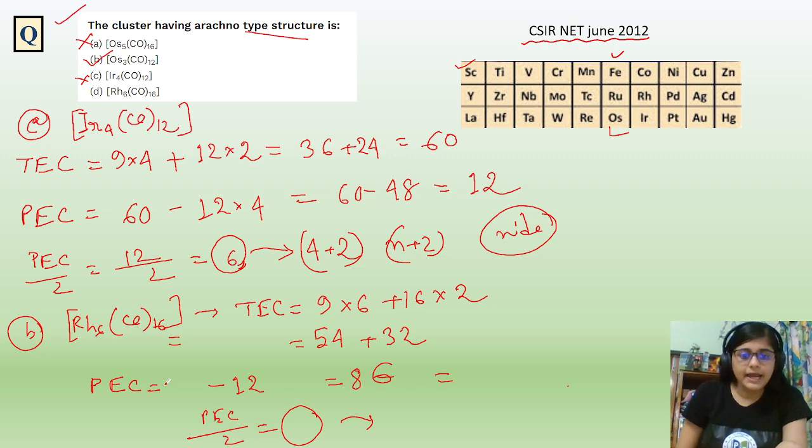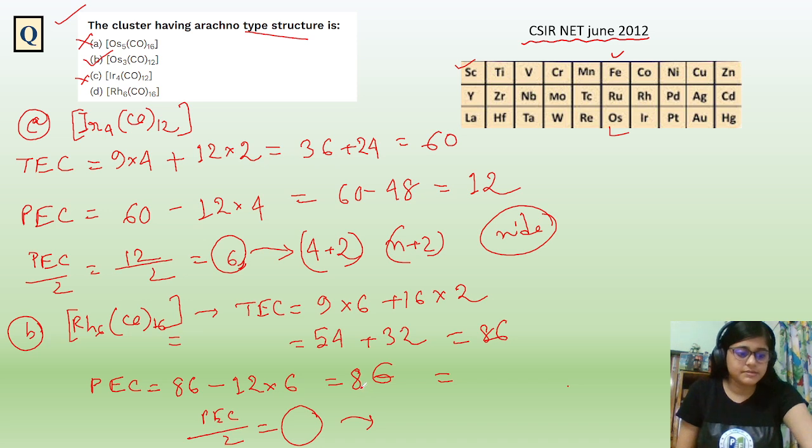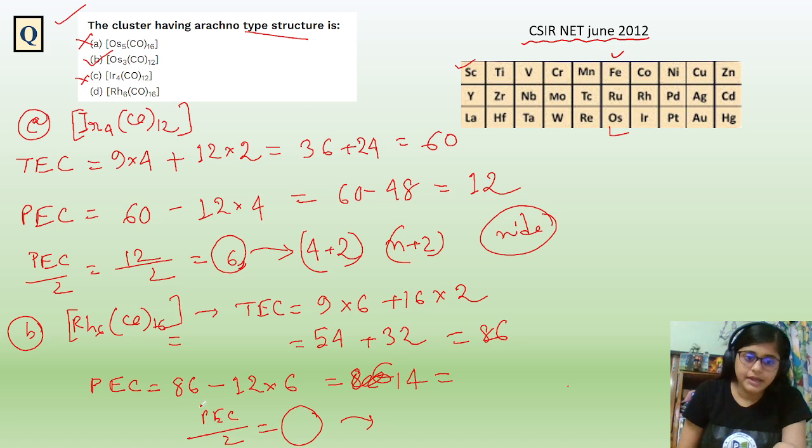Okay. And here 86 minus 12 into 6. 86 minus 72, that will be 14. Okay. It is 14. Right. And PEC by 2 means 14 by 2, that is 7. And here n is 6. 6 plus 1 is 7. So n plus 1, that is closo.